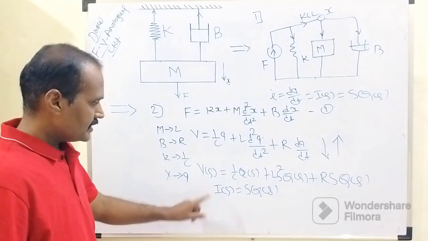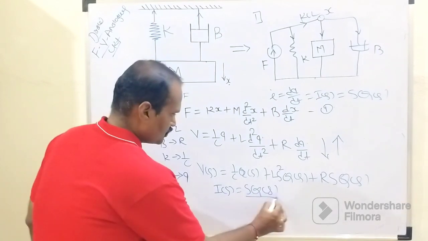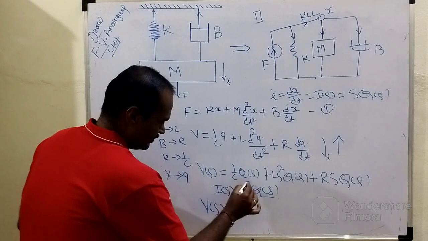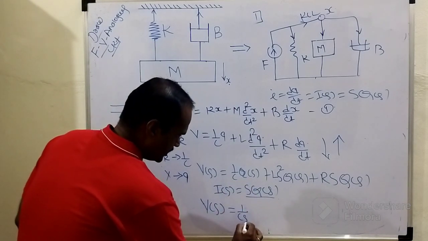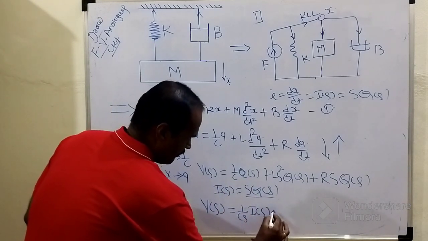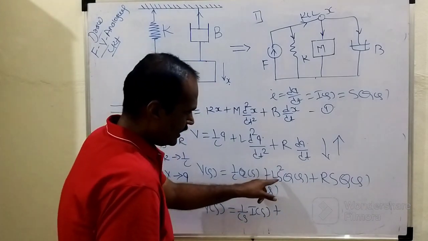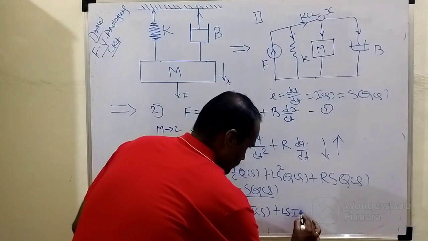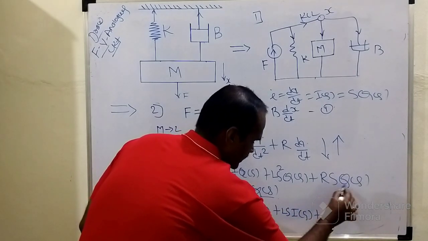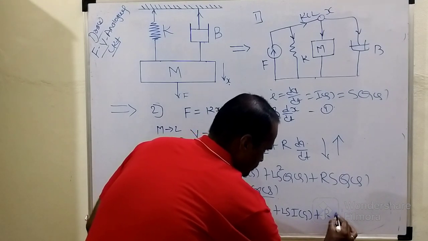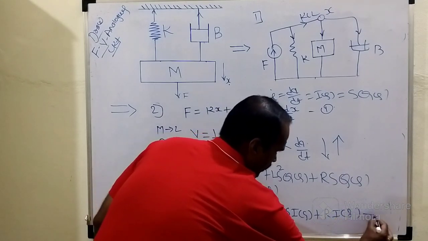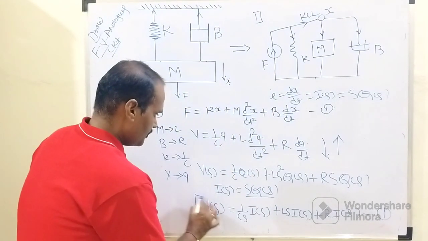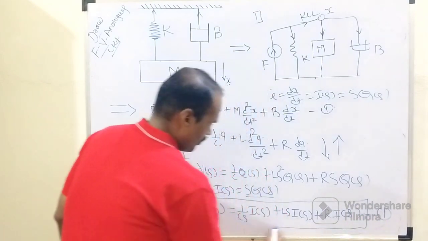Replacing this, the above equation becomes V of s equals 1 over Cs into I of s, plus L s square into Q of s becomes L s into I of s, plus s into Q of s is replaced by I of s, so it becomes R into I of s.